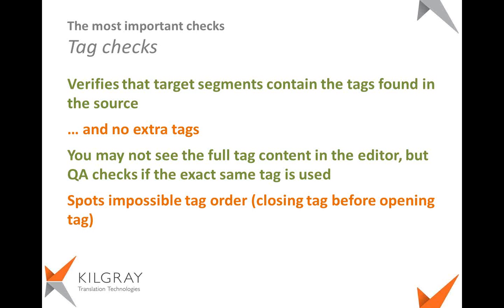And it can also spot the impossible tag order because it's XML in the end. Everything is translated, even files that are not exactly XML, like MIF files, are translated into XML first and then imported into MemoQ. So when it comes to QA, MemoQ will check them as if they were XML, because within the MemoQ system the rules of XML always apply if inline tags are used.